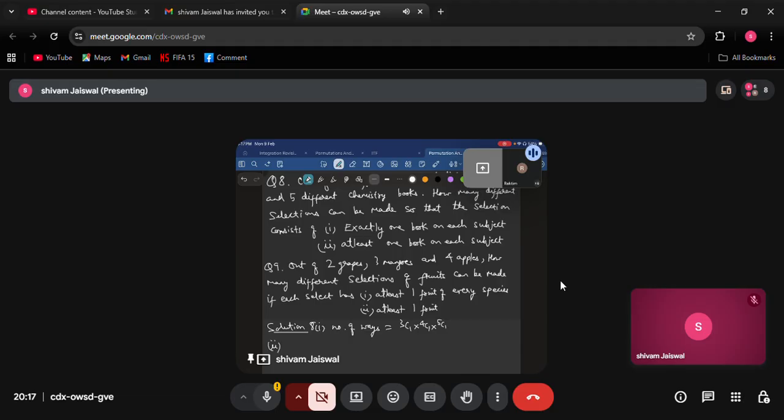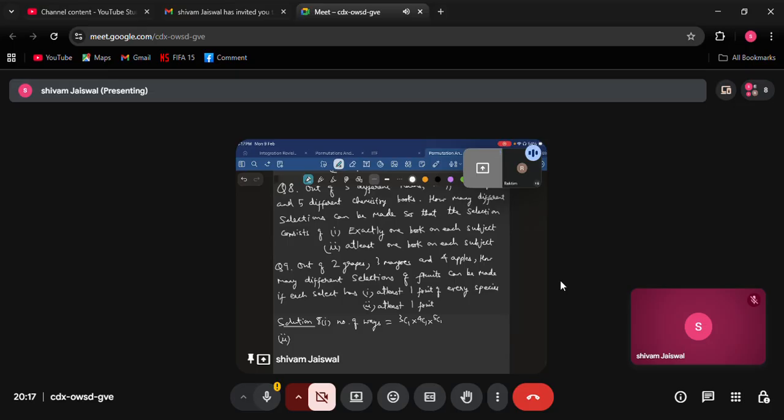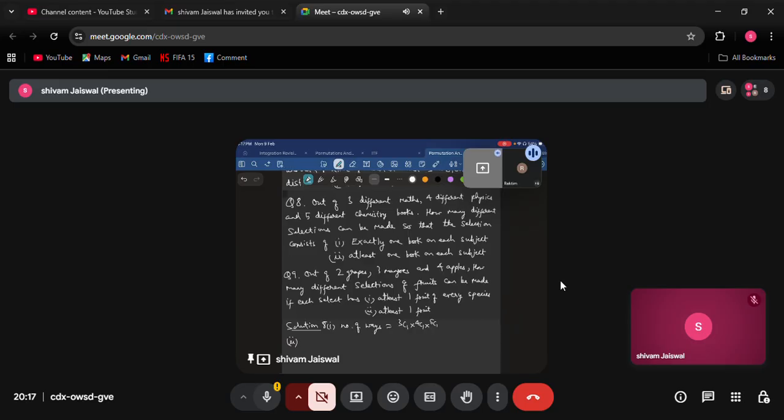Start telling me part 2. At least one book on each subject. So in how many ways can you select at least one maths book? Think, there are 3 different maths books. In how many ways can you select at least one maths book? All are distinct now.